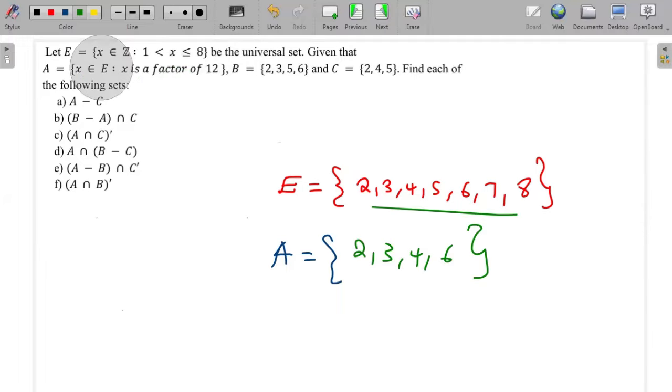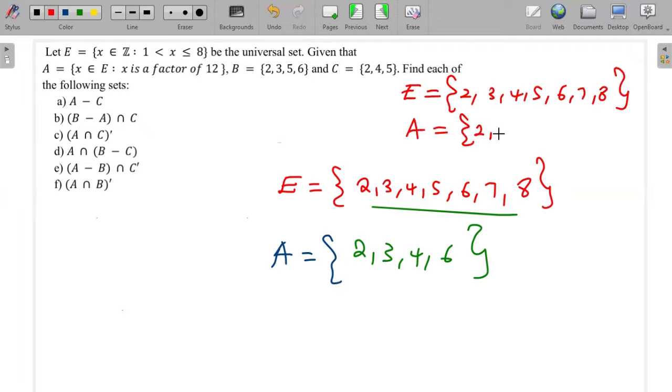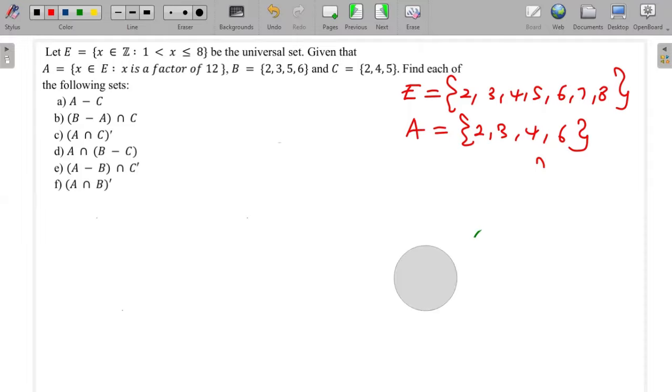Let me just write these on top there so that we have space down here. The universal set is 2, 3, 4, 5, 6, 7, and then 8. A is 2, 3, 4, 6, and then B is there, and C is there.